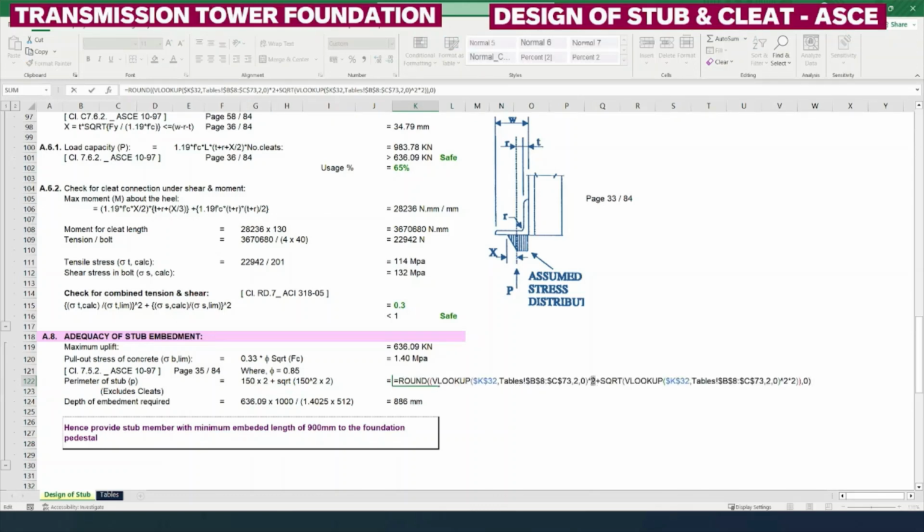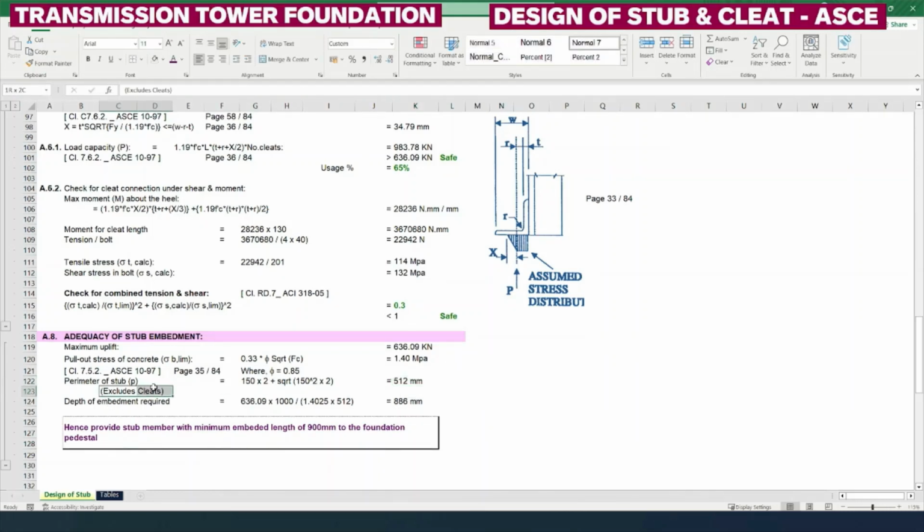So by this way we need to calculate the perimeter of the stub. This excludes the cleat. We can also do an accurate calculation by considering the cleat perimeter also, but we can ignore this for our critical embedded length calculation.